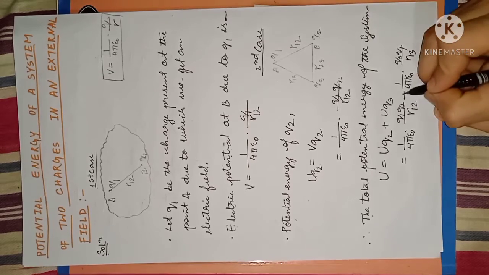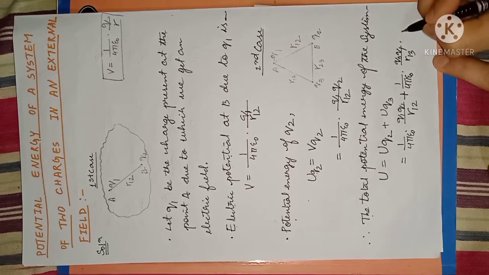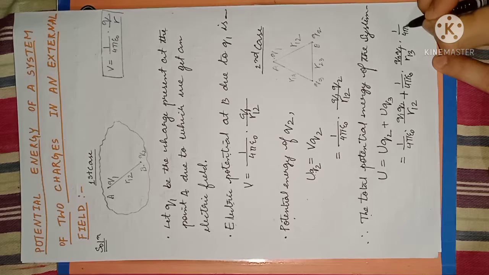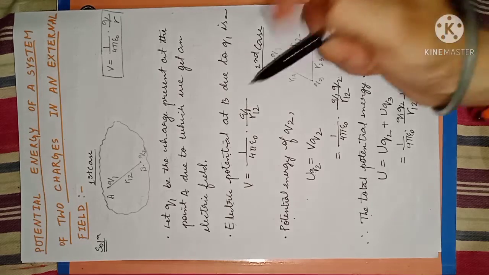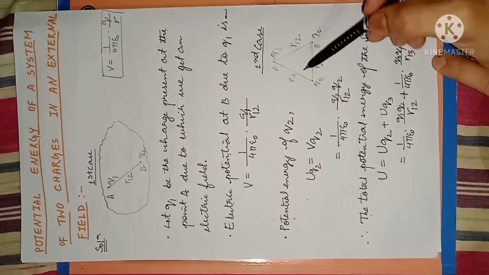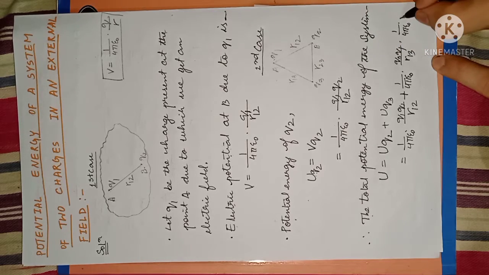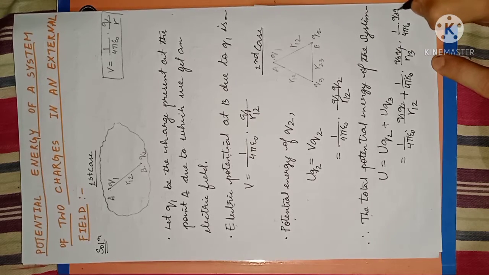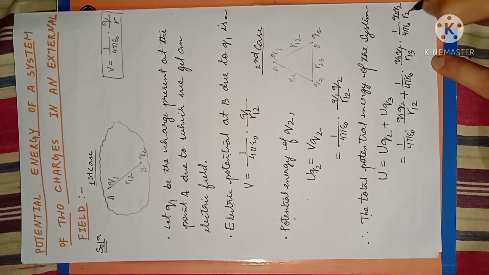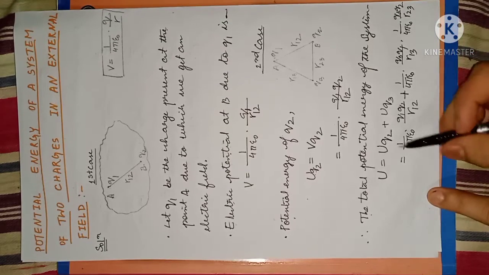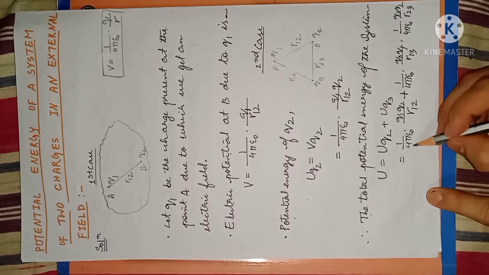Plus 1 by 4 pi epsilon naught into Q3 into Q2 by R23. Now if you look here, the common term is 1 by 4 pi epsilon naught.